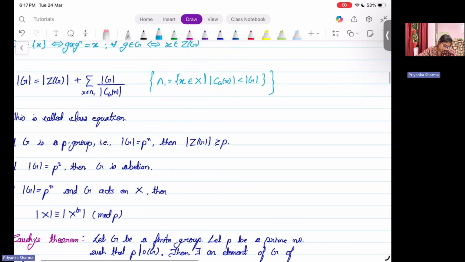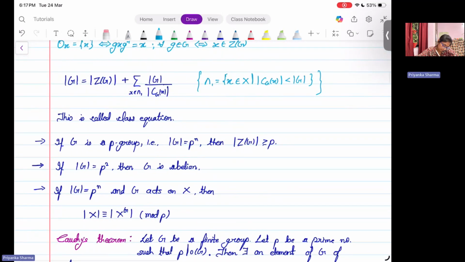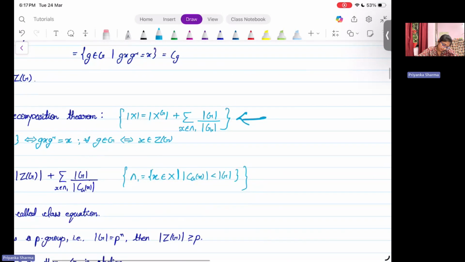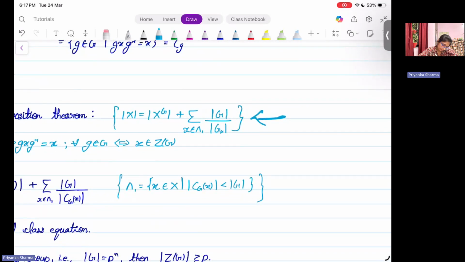Because if we use the conjugation action here, the order of G is P to the power n, and each term in the sum will be some P power. If we take modulo P, then this will be 0, and the cardinality of X and the cardinality of X^G will be the same.